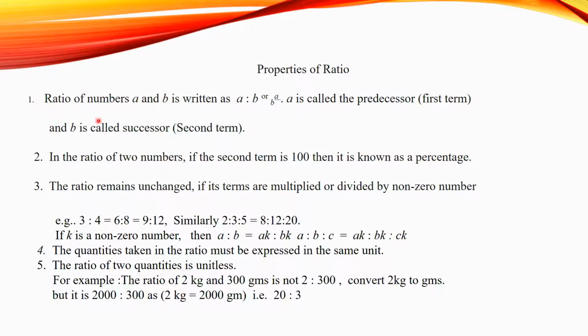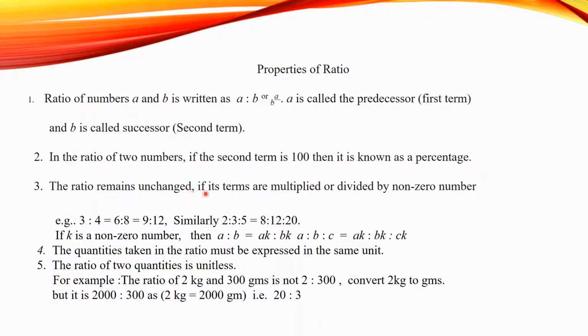In the ratio of two numbers, if the second term is 100, then it is known as percentage. Third point, the ratio remains unchanged if its terms are multiplied or divided by a non-zero number. Example, 3:4 is equal to 6:8 is equal to 9:12.